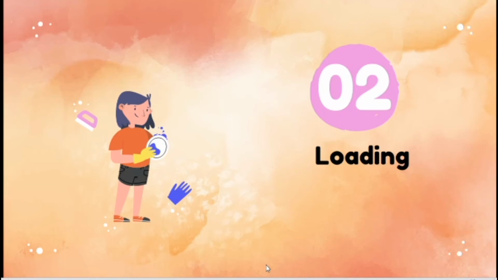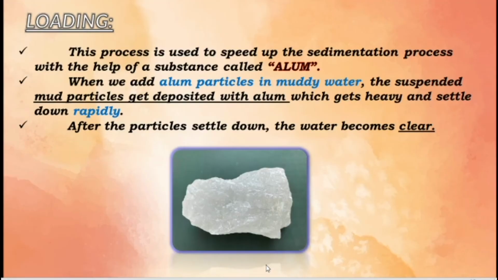And the next method is loading. To speed up the process of sedimentation, we can add alum. Alum is a substance which speeds up the process of sedimentation, so that the minute mud particles are deposited onto the alum, and that alum gets heavy and settles down rapidly.